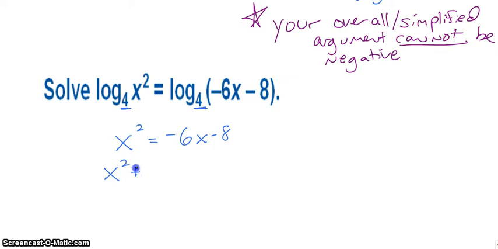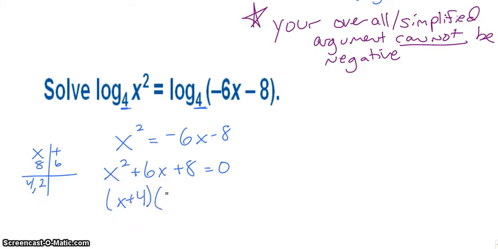So x squared plus 6x plus 8 equals 0. I need a product of 8, sum of 6. That's going to be 4 and 2. So x equals negative 4 or negative 2.